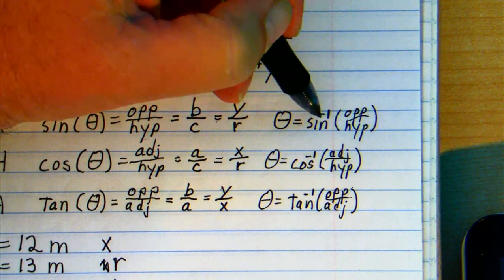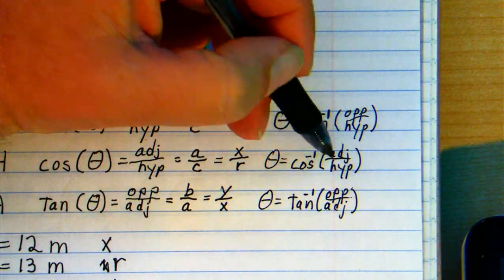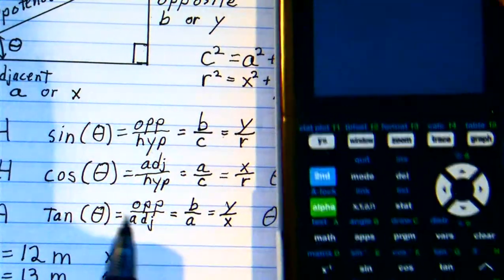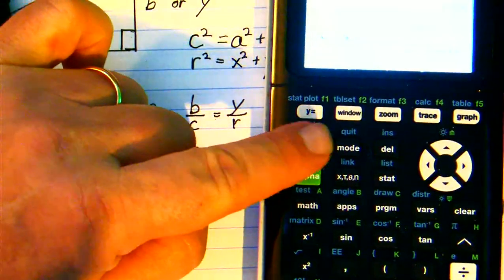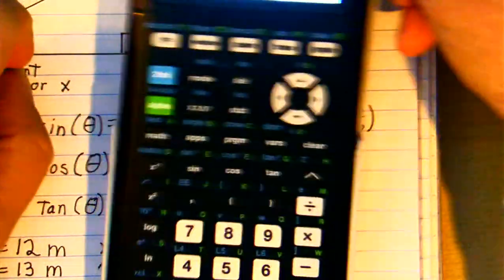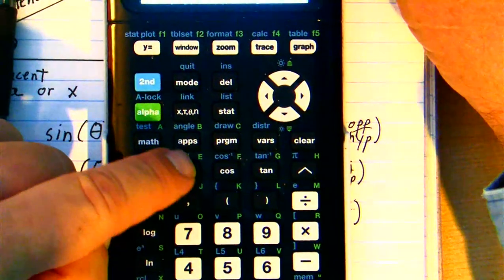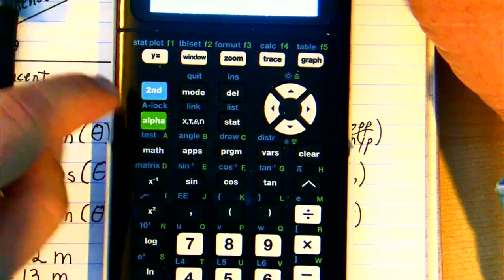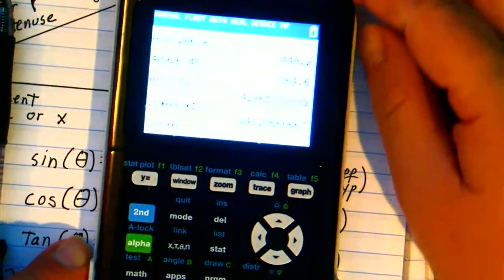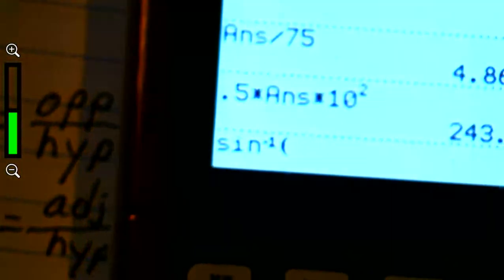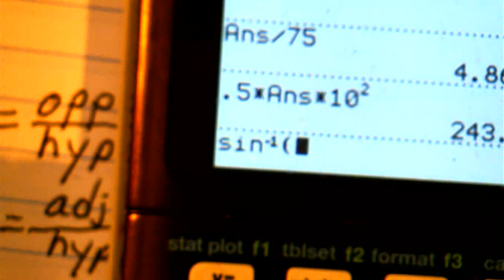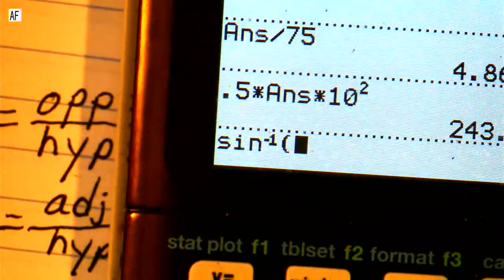To activate the inverse trig function on a TI model, you would press the second button. And now, when you press a trig function, boop, and you zoom in and look at it, let it autofocus, and then dim this so you can see it.